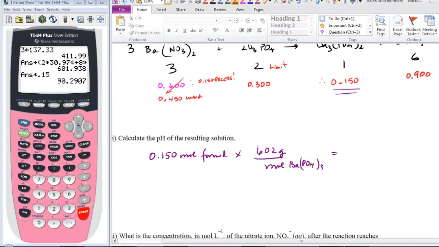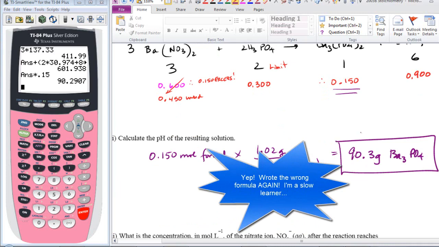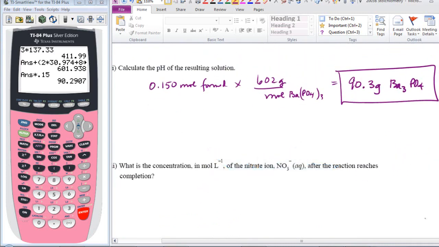Yeah, 3 sig figs looks good. So 90.3 grams of Ba3(PO4)2. Box your answers. For the love of God, box your answers. Old people with bad eyesight are grading your papers at the reading.